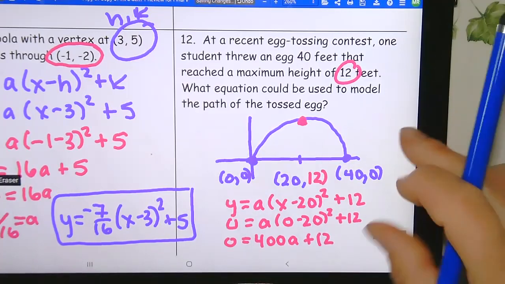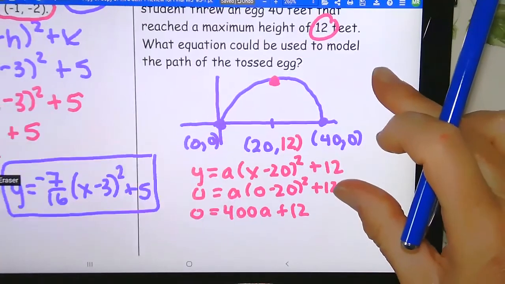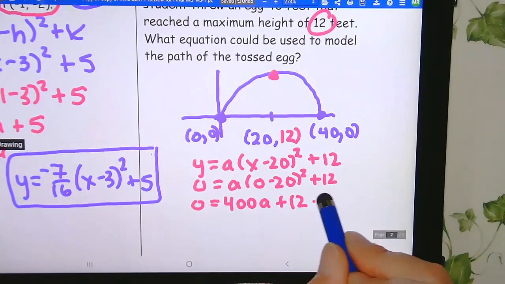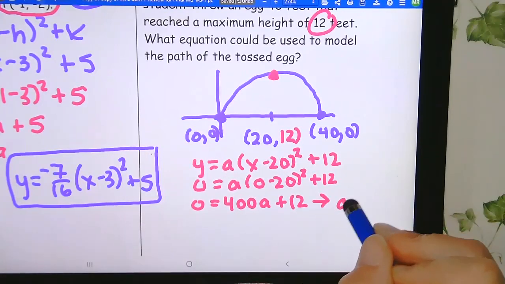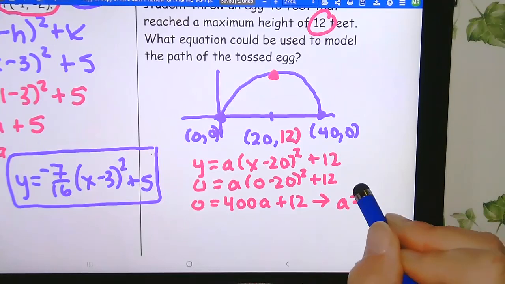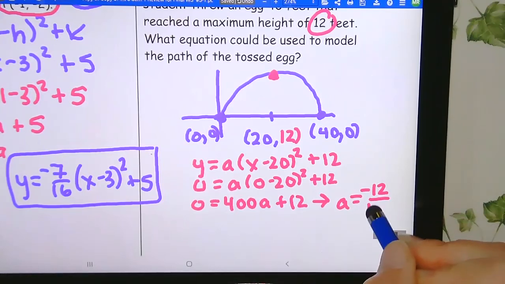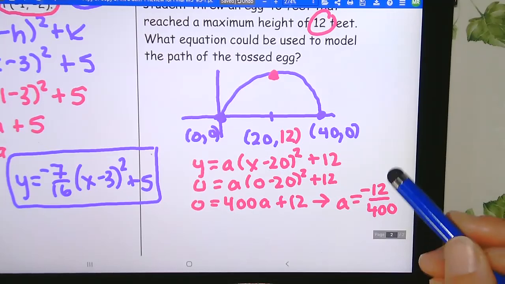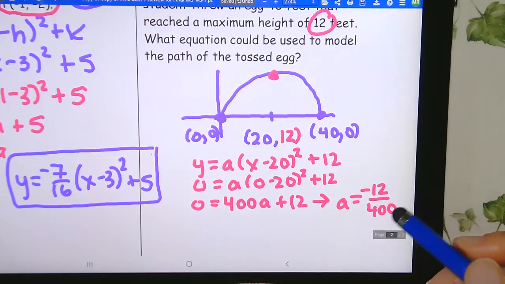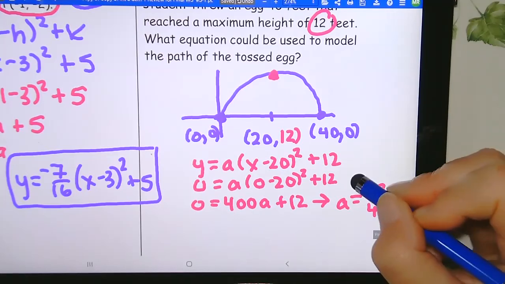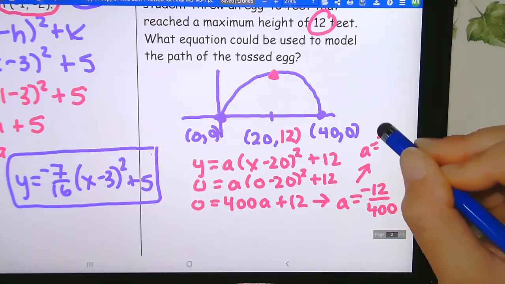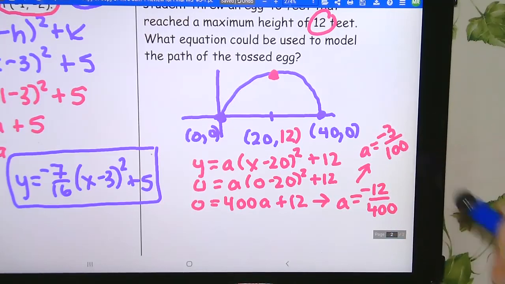And then when I am doing that, my a is going to equal, I'm going to be subtracting 12 and dividing by 400. Now, you can divide top and bottom by 4. And that's going to simplify to negative 3 over 100.